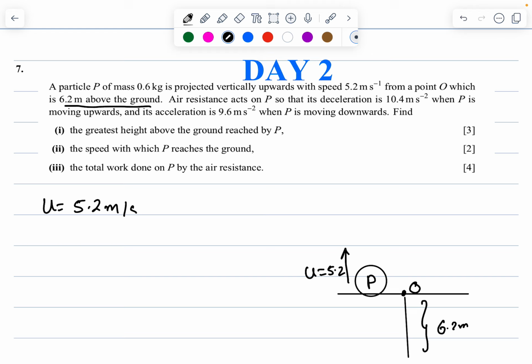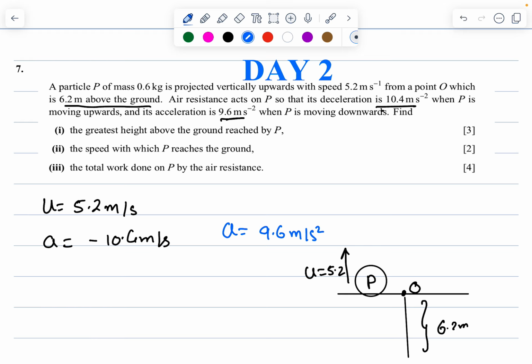Air resistance acts on P, so the deceleration when P is moving upwards is 10.4 meters per second squared. Its acceleration is 9.6 when P is moving downwards, so whenever it is coming downwards, its acceleration is plus 9.6 meters per second squared. Now find the greatest height above the ground which it reaches.